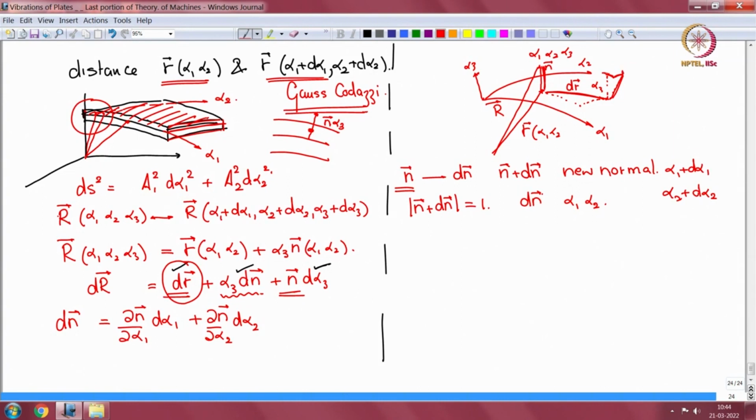So from here to there is the dr, which is r bar of alpha 1 plus d alpha 1, alpha 2 plus d alpha 2, alpha 3 plus d alpha 3. So that is the pictorial version of it.